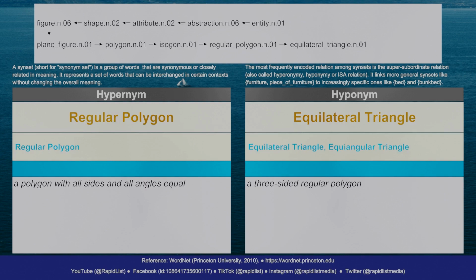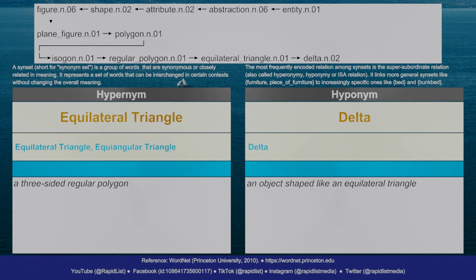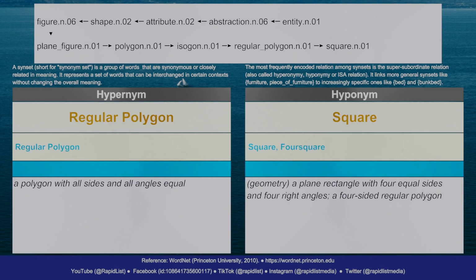Equilateral triangle. A 3-sided regular polygon. Delta. An object shaped like an equilateral triangle. Square.